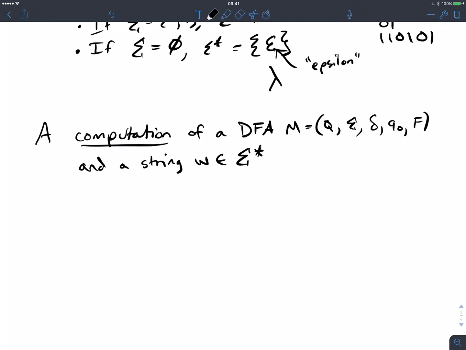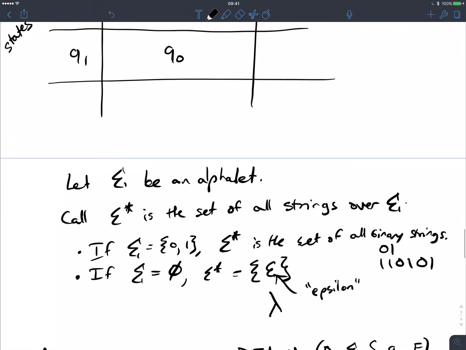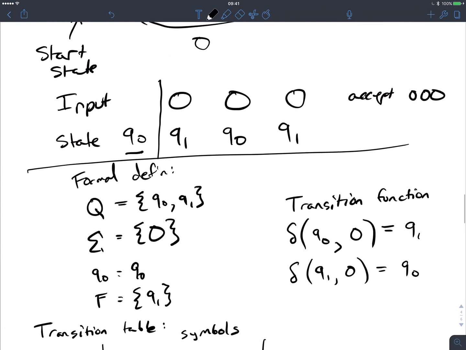So we have to say what this computation thing is. It really helps to go back to our example, the example with the 3 zeros.